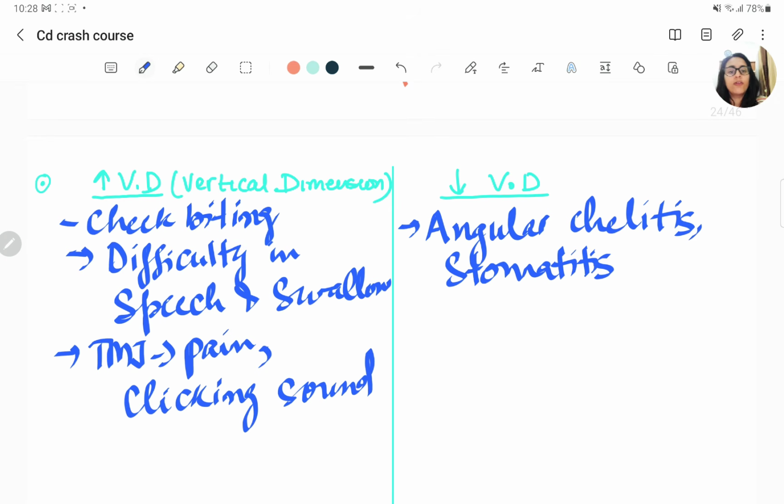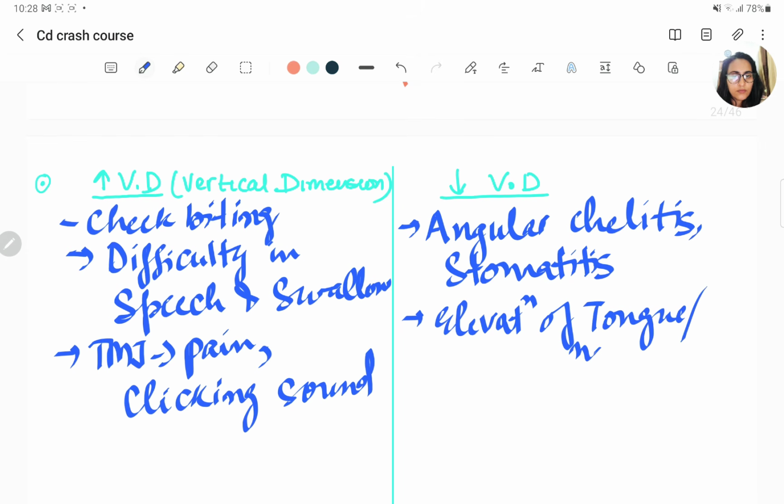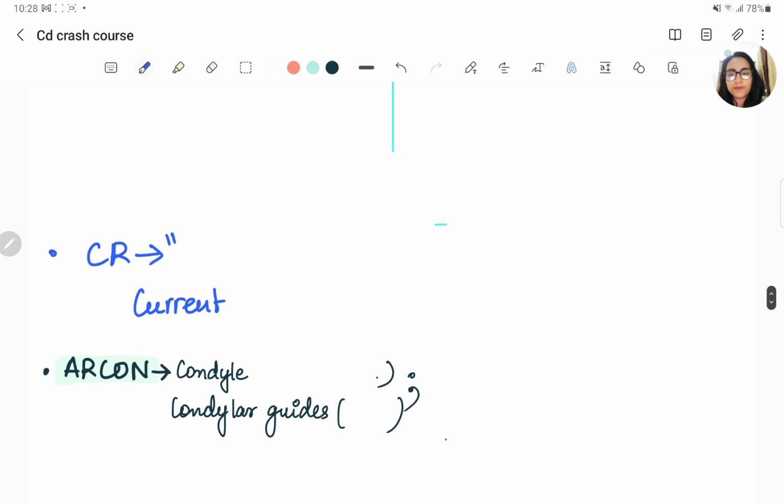Therefore, there will be recurrent infection. Also, when you have reduced this vertical height, there will be elevation of the tongue or mandible. Also, there will be elevation of the soft palate, and this will create obstruction at the eustachian tube.